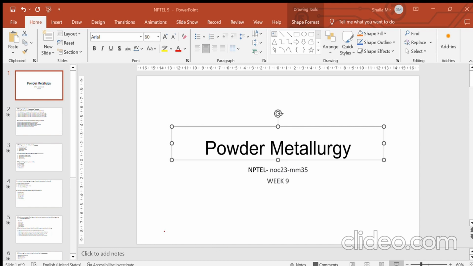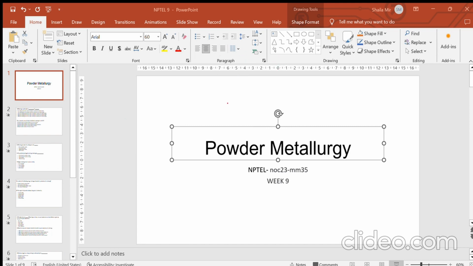Then we have another question that says, in which of the following stages is shrinkage of material predominant in sintering? Okay, so what happens is that shrinkage of the material takes place. You are giving a material of certain dimensions, say for example a green compact.